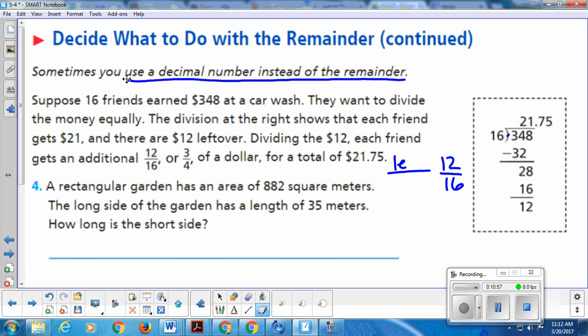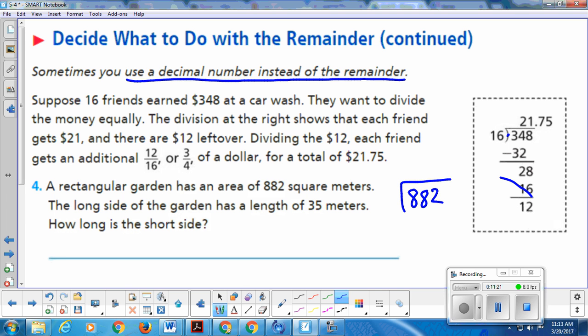Okay? So let's do this example here. A rectangular garden has an area of 882 square meters. The long side of the garden has a length of 35 meters. How long is the short side? So we have to do opposite, right? So 882 divided by 35.